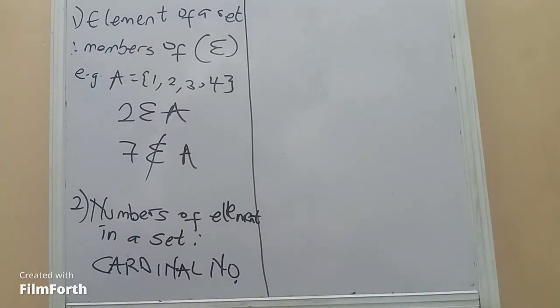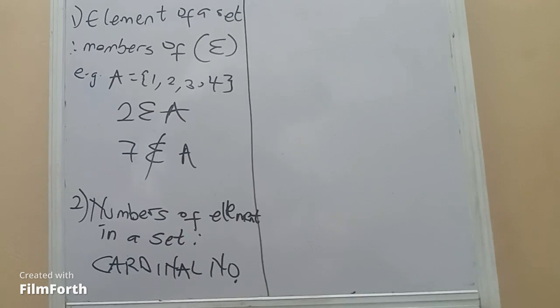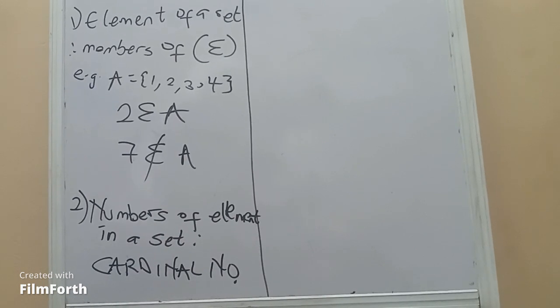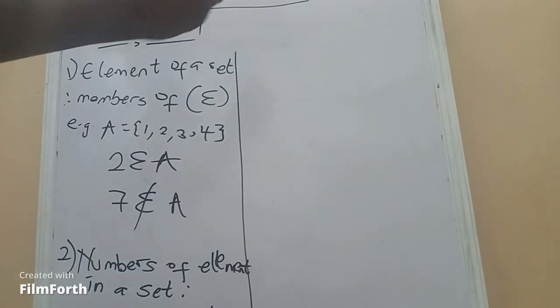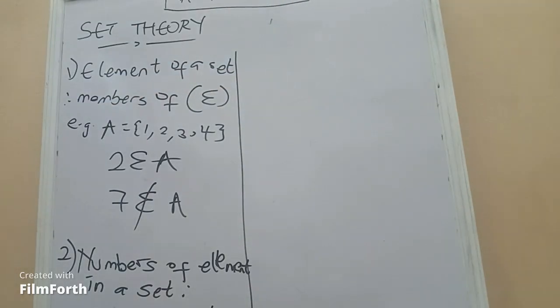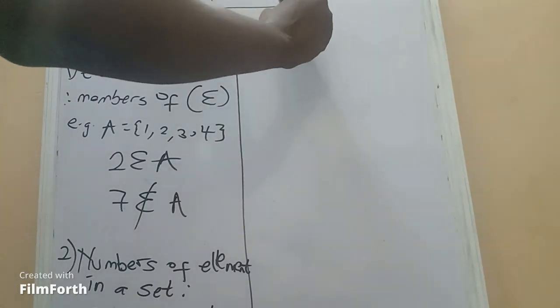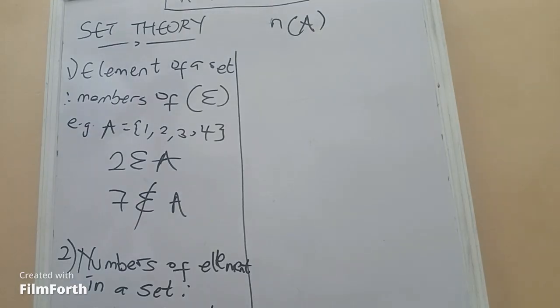And it is denoted by n(A), that is, the number of elements of set A. Now, let's go back to the first example I gave.